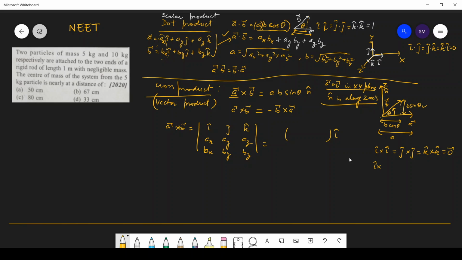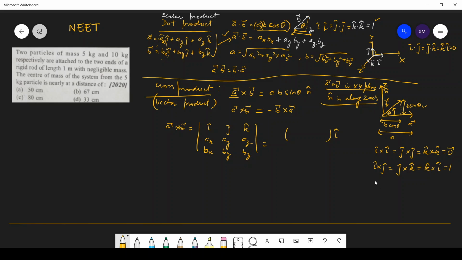Whereas i cross j equals j cross k equals k cross i equals, so what do we get? Here it was 1, so as the angle between i and j is 90 degrees, this will also be equal to 1.